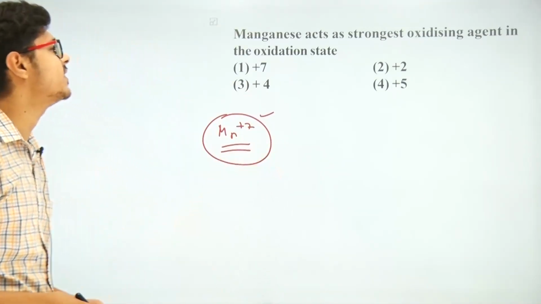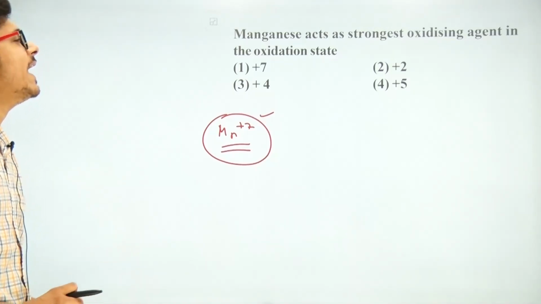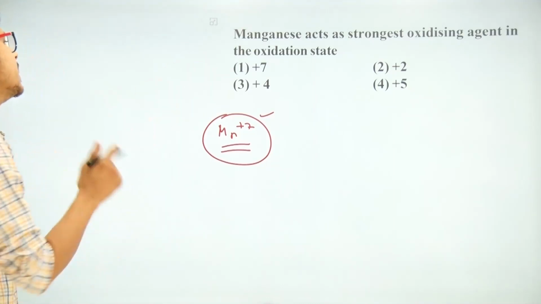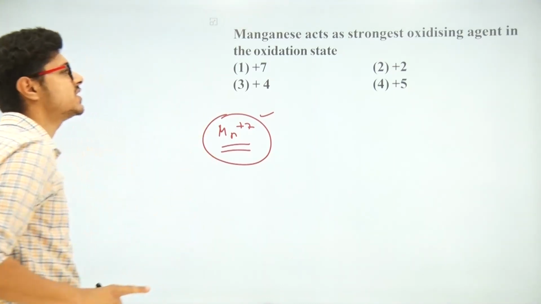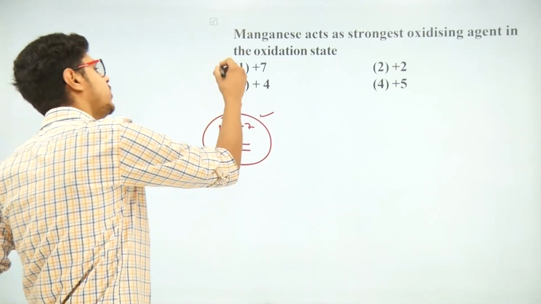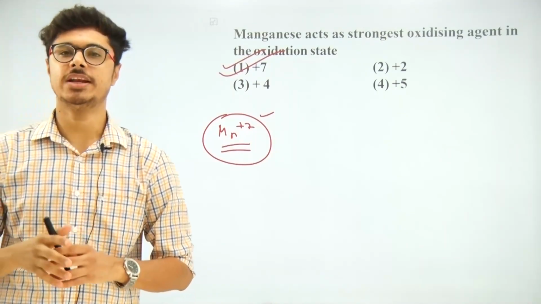Since it is in the highest oxidation state, it will act as the strongest oxidizing agent among all of these. So in the +7 oxidation state it will act as the strongest oxidizing agent, hence our correct option will be option number 1, that is +7.